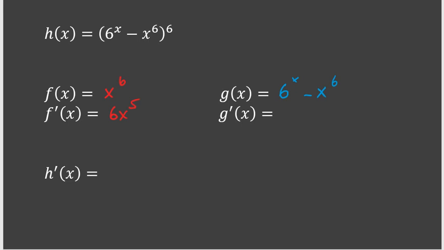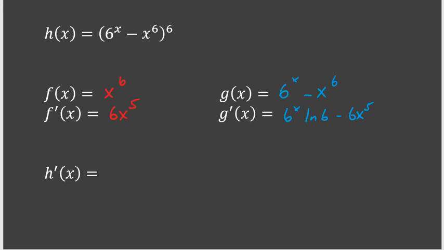In this case, our b value is 6. So it's going to be 6 to the power x times the natural log of 6, minus, and we just saw that the derivative of x to the sixth is 6x to the fifth. So we have our f, g, f prime, and g prime.